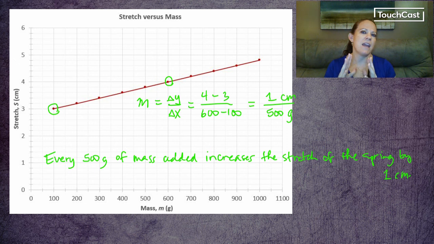If we had a different spring where we added the same masses and it stretched more than 1 centimeter for each 100 gram mass that we added, we could imagine that would be a much looser spring, more like a slinky than the little spring that you find inside a retractable pen. On the other hand, we might have yet another spring that stretches less than 1 centimeter for every 500 grams that we add.